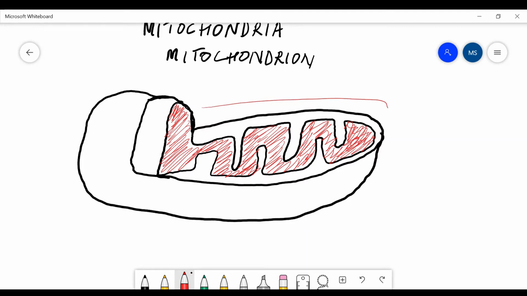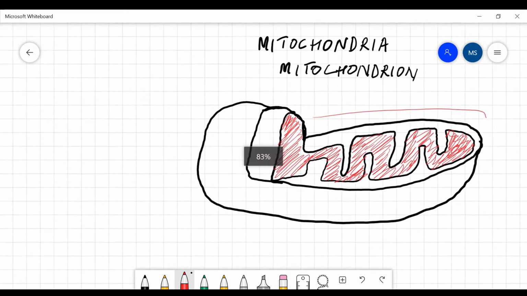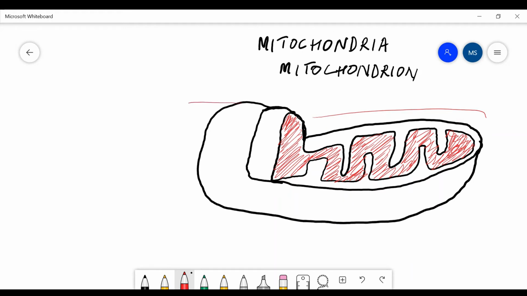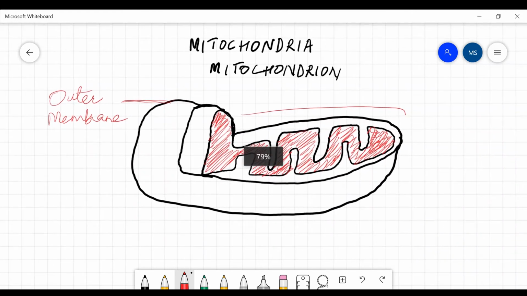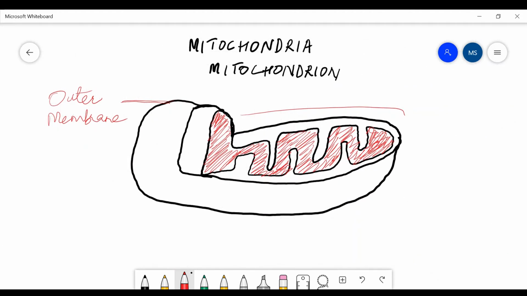Let us name all these parts. The first is the outer membrane. Then comes the inner membrane, which is divided into several folds.